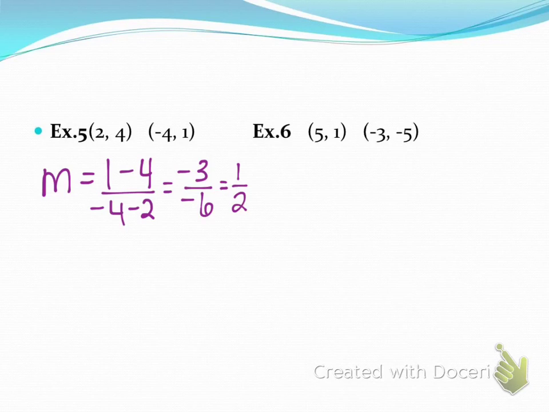Alright, so then we've got to set up our point slope form. Lexi, what is our point slope form? Okay. Instead of putting minus a negative, I'm going to just go ahead and put a positive.